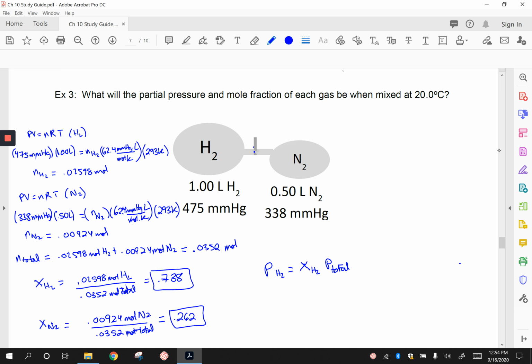When I open this up, the hydrogen has 1.5 liters to move in, so it's going to have less pressure. Same thing with the nitrogen. The nitrogen is going to have 1.5 liters to move in instead of half a liter. Since both of them are going to be opened up and will occupy a bigger volume, they're each going to have a smaller partial pressure.